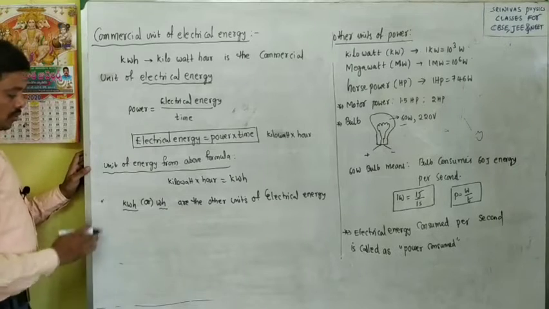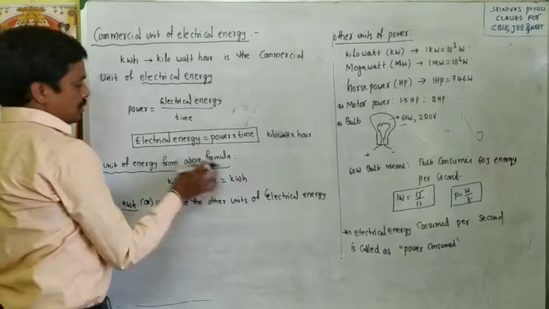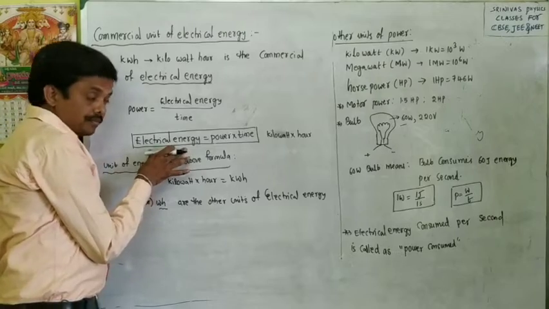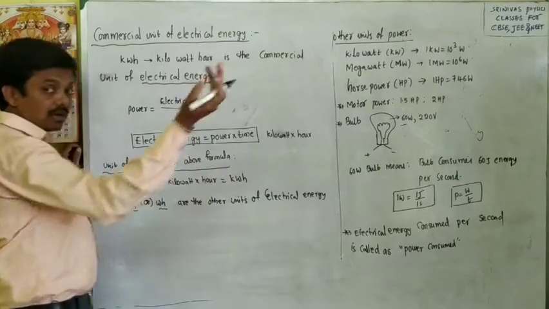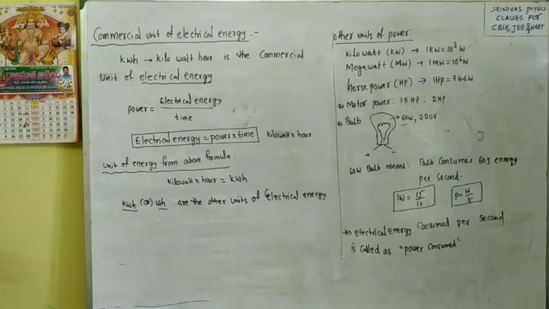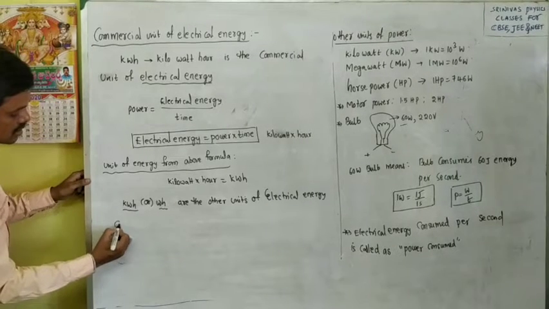Now, how to convert this kilowatt hour energy unit? We know joule, but how to convert kilowatt hour into joules? 1 kilowatt hour is equal to how many joules?